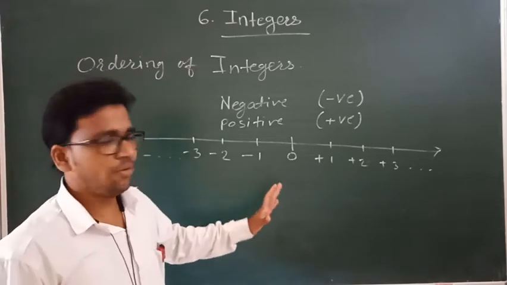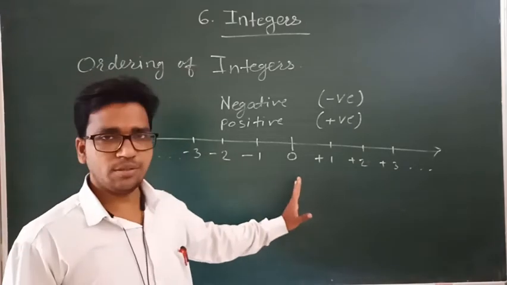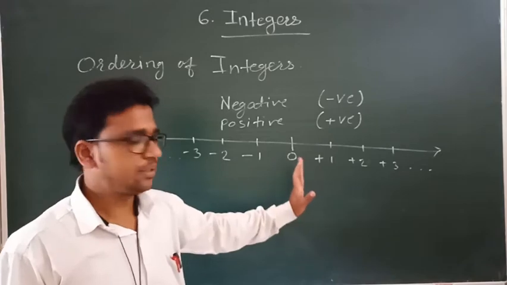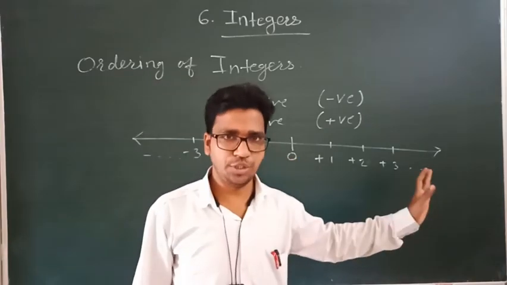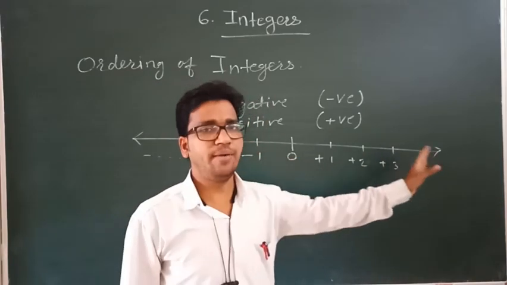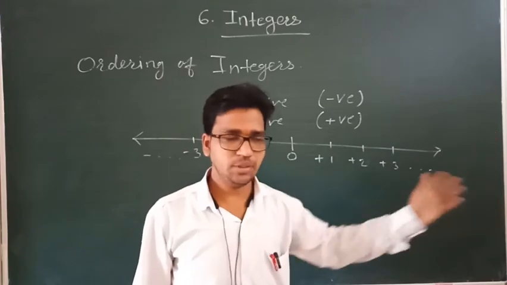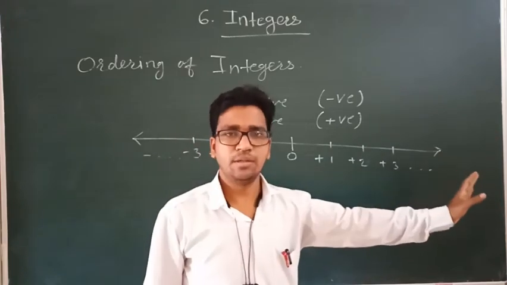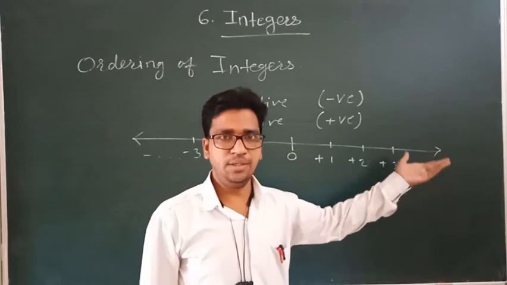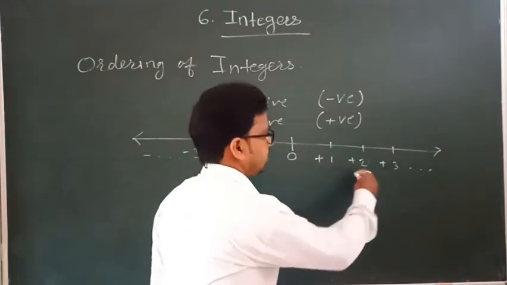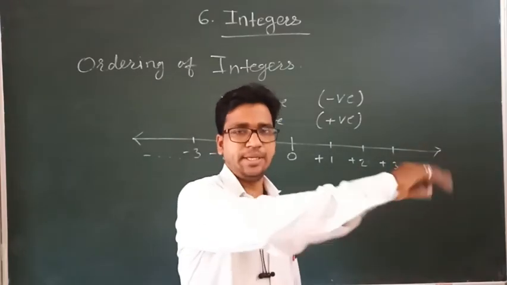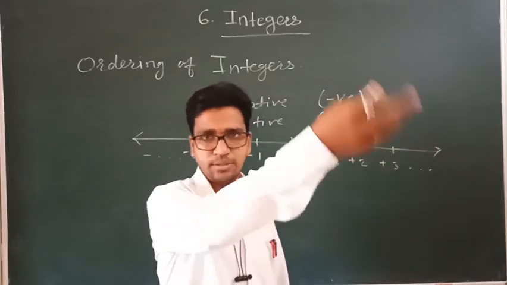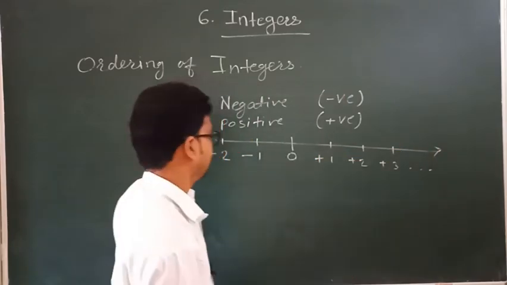So ordering of integers is, if 0 is in the center, then the numbers which are positive increase by 1 to the right. They are increasing in order by 1 to the right. Means 1, then plus 1 is 2, then plus 1 is 3, then 4, then 5, like this.